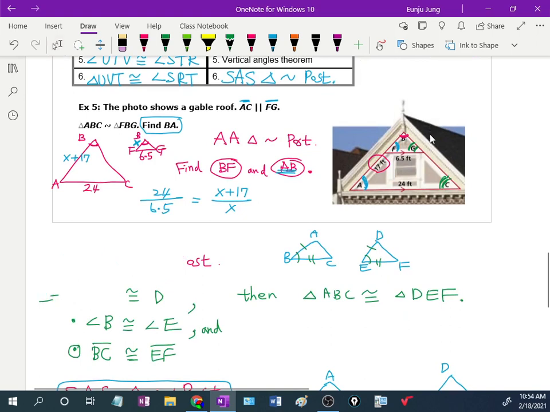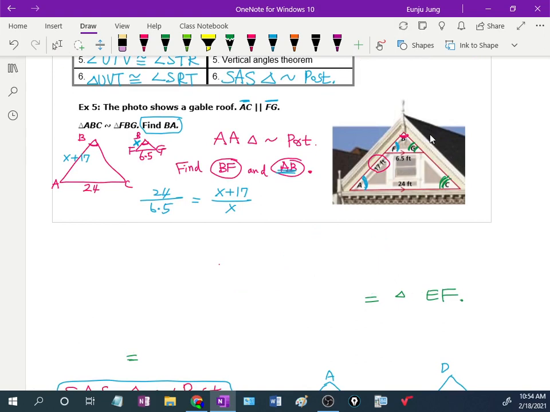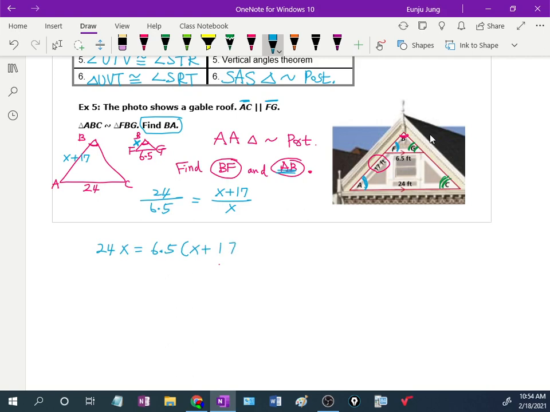Let me erase this. I did some warm-up with the students, and I have some work here. Let me erase that so I can use the space. Okay, how do we find x value? What do I need to do? Cross multiplication, right? So 24 times x equals 6.5 times x plus 17.